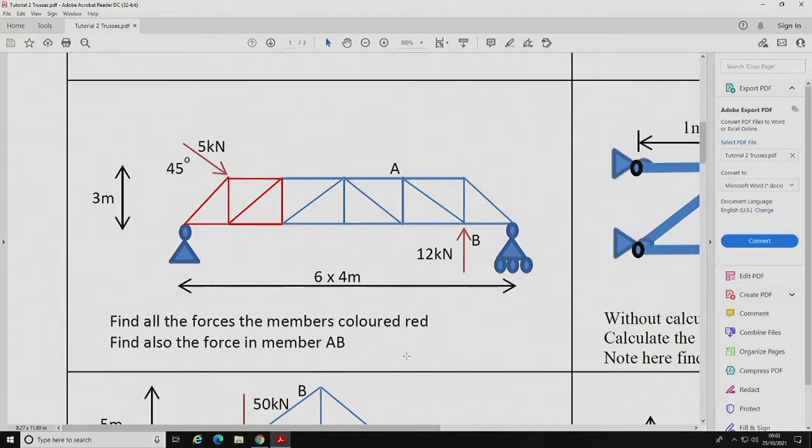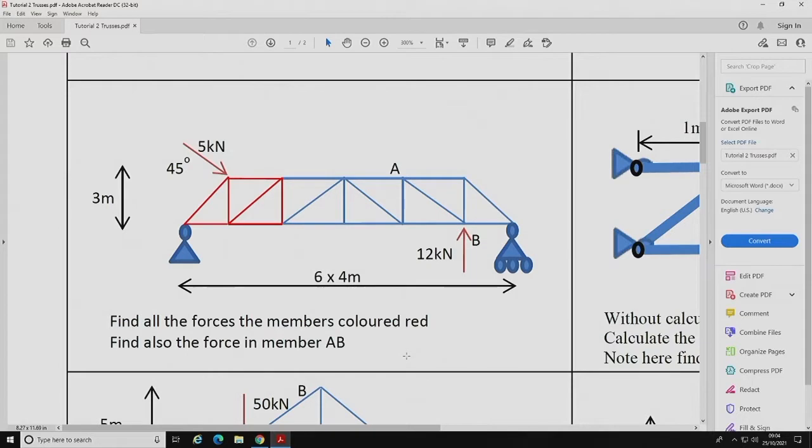So what you need to do is first find the reaction forces at the supports. You will have two reaction forces at the left hand support and one reaction force at the right hand support, and taking moments about a point at either support would give you the reaction force on the other support. Now how to deal with that 5 kilonewton inclined force? You can resolve that force horizontally and vertically, and then take the moment.